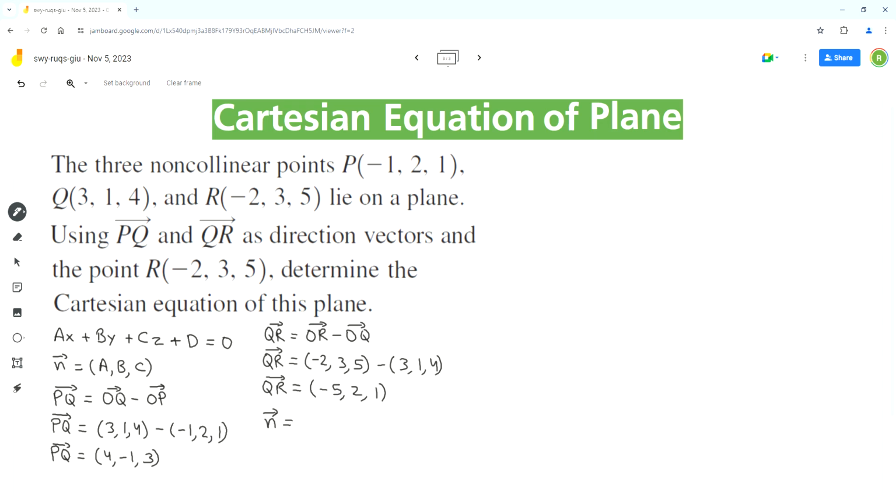So this is a very important concept we need to understand and memorize. Now we can use the vectors QR and PQ.